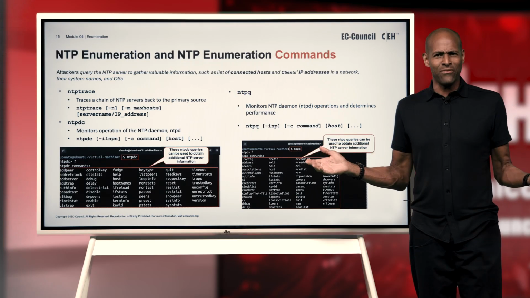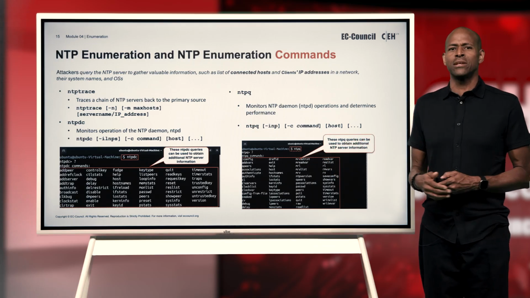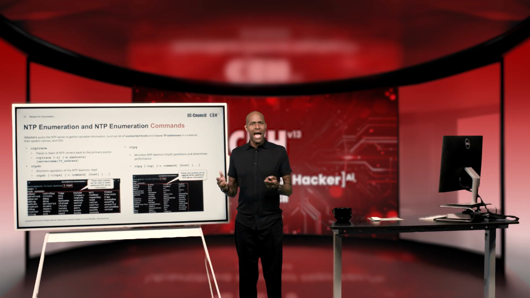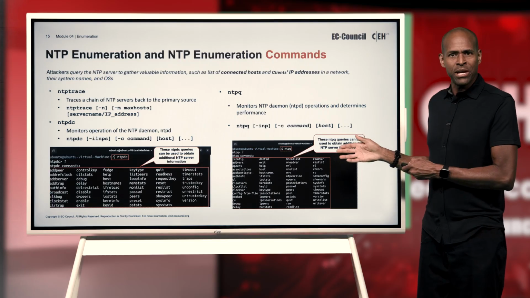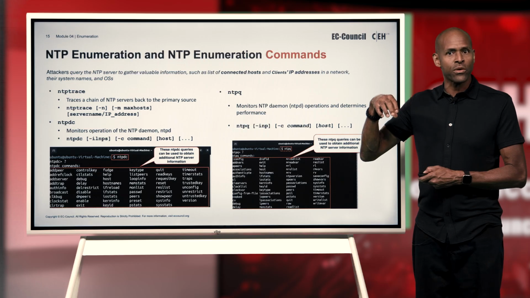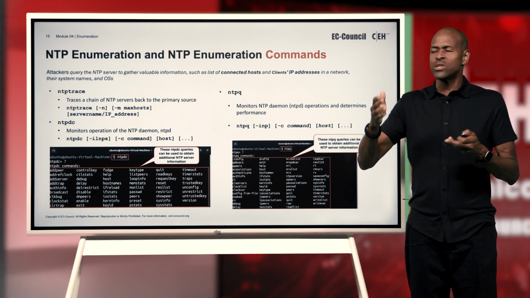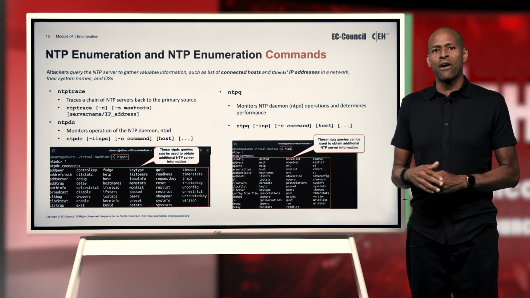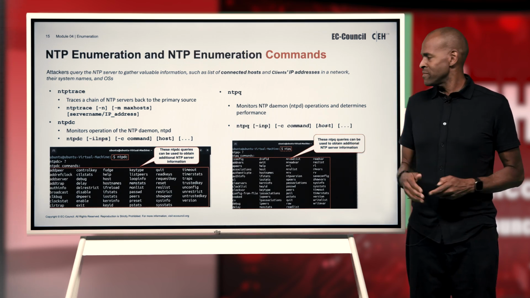What is this going to give you? It's not going to give you information about your network as its main output. What it's really going to give you is information about time servers on the network. These time servers synchronize with atomic clocks, and they keep everything in your entire network at the same time.